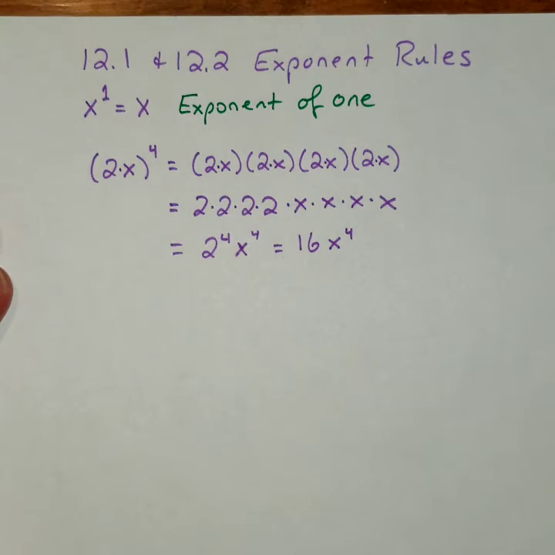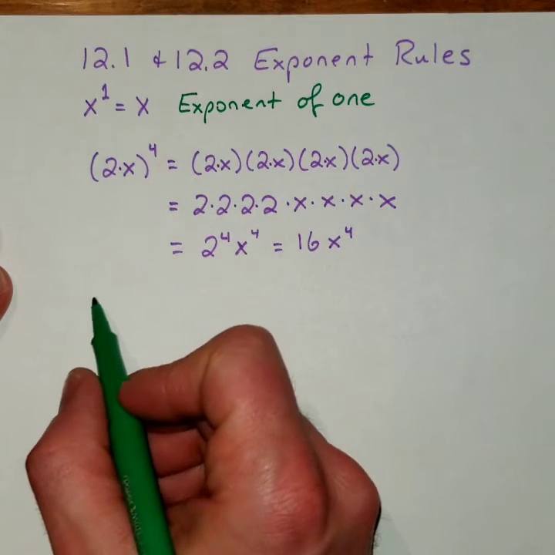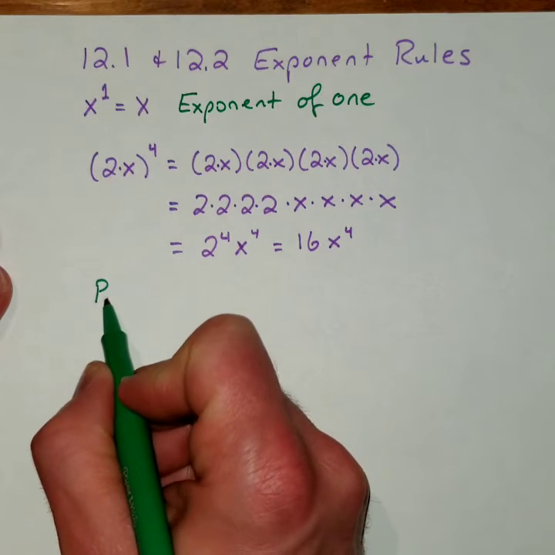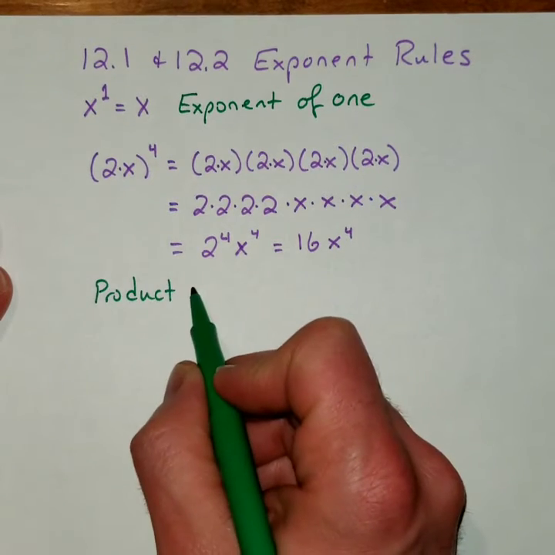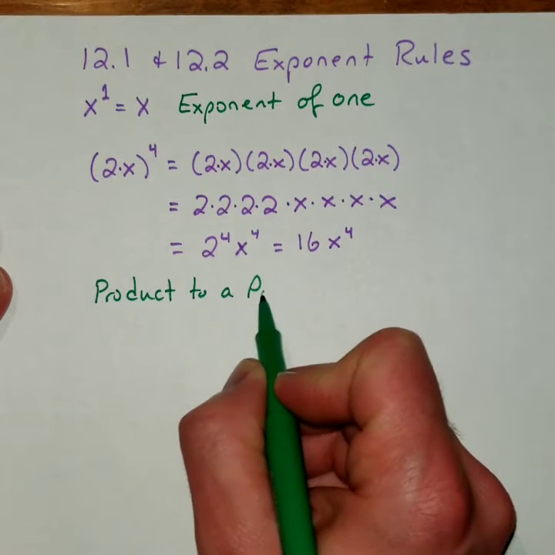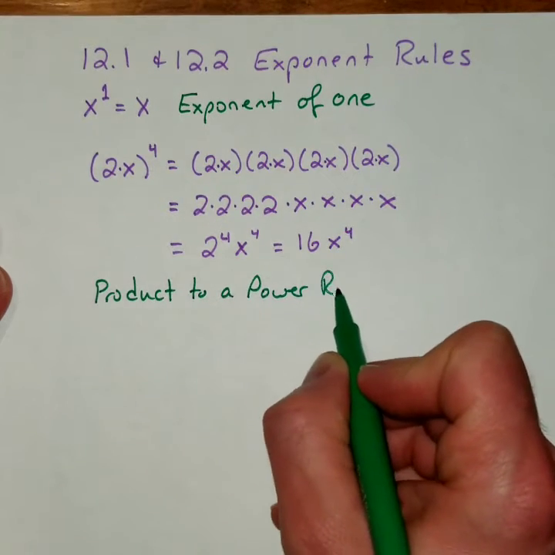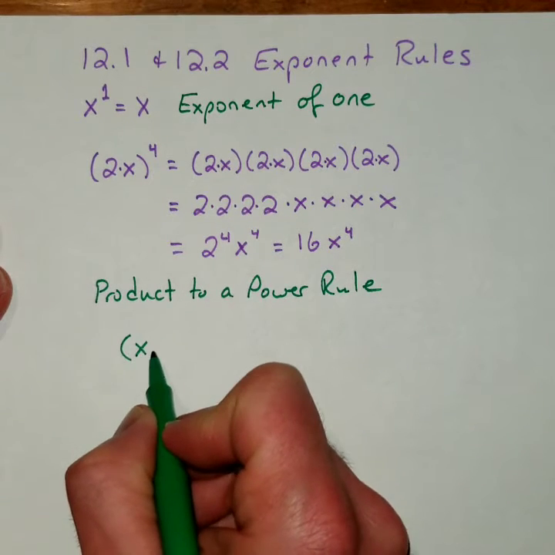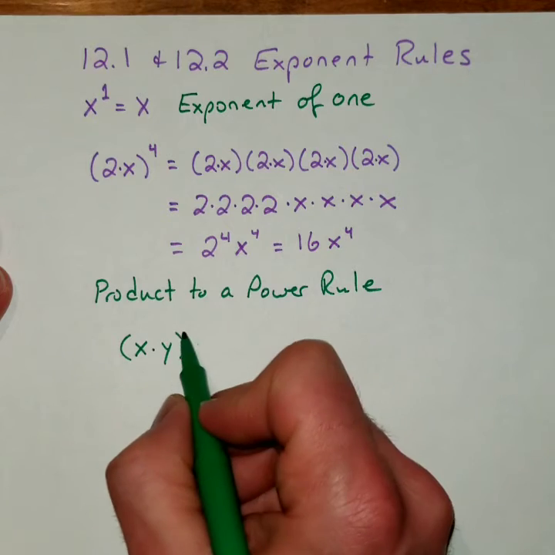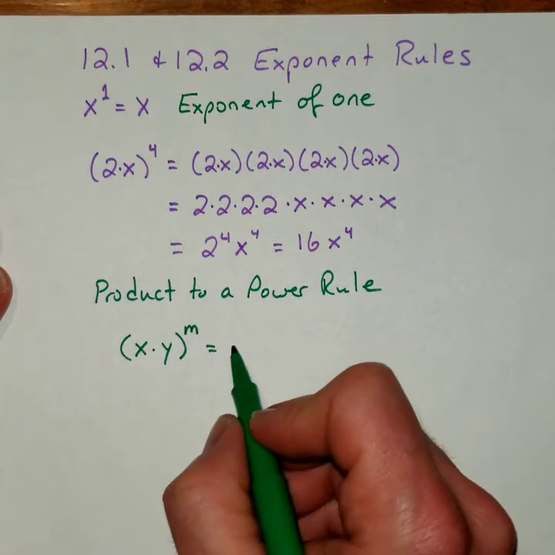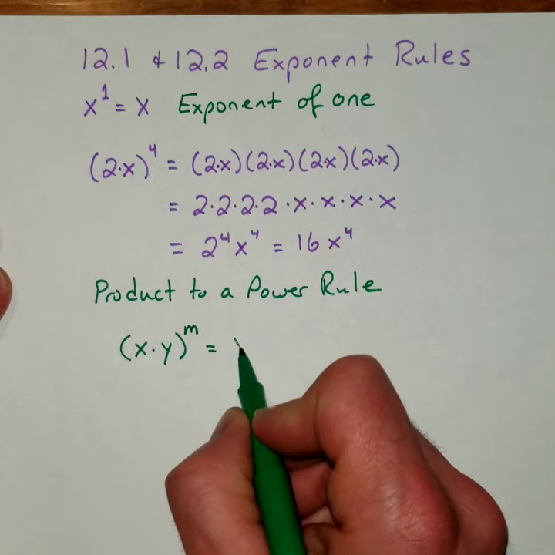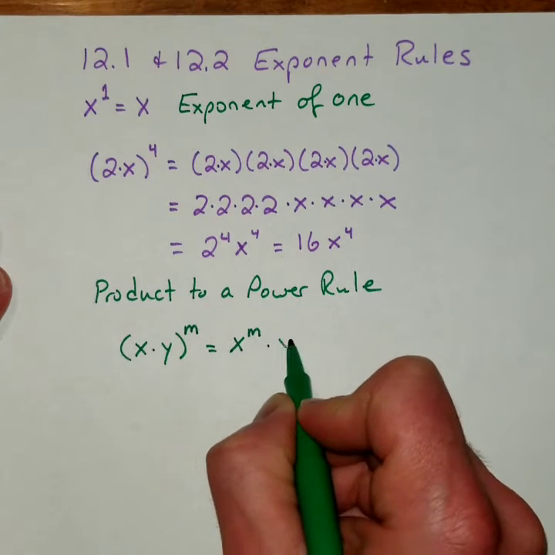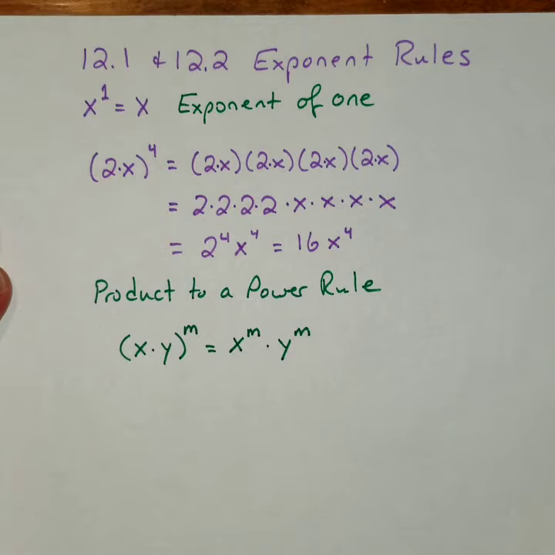So a general rule, and it doesn't matter what these factors are, is called the product to a power rule. It basically says that if you take x times y, raise it to the m power, you essentially distribute the m to both factors in the parentheses: x to the m, y to the m.